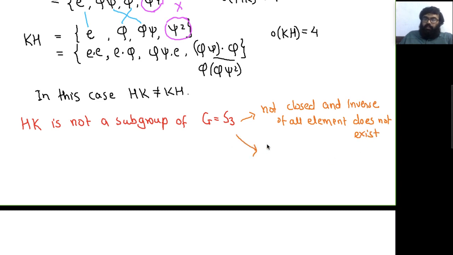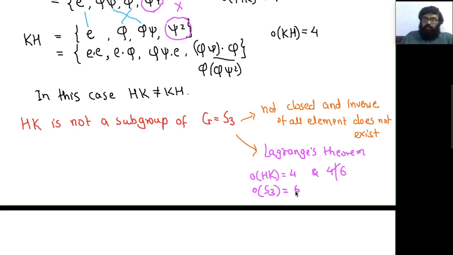Another reason is Lagrange's theorem. This is also an important reason. By Lagrange's theorem, the order of HK equals 4, and 4 does not divide 6, the order of S3.